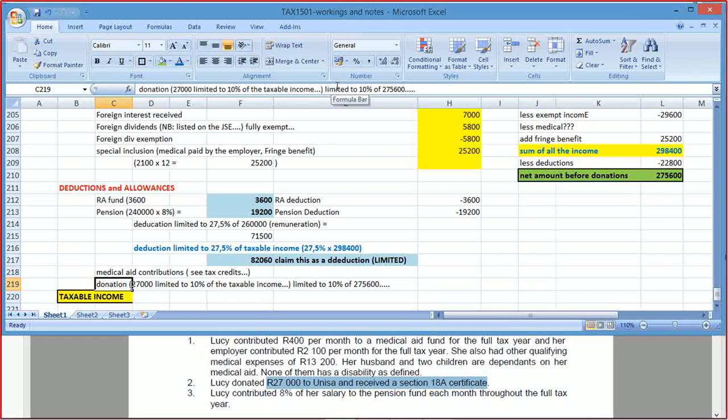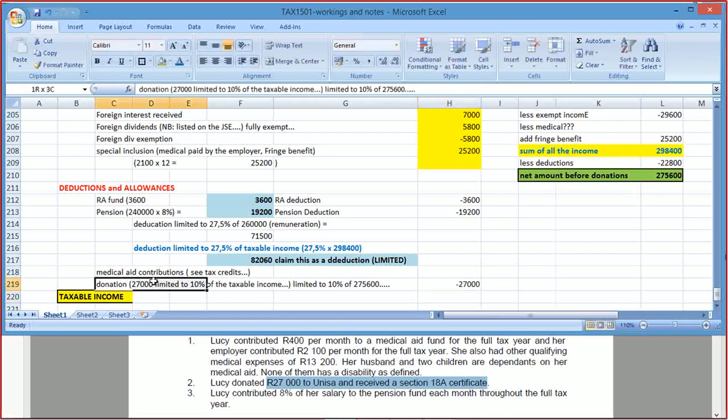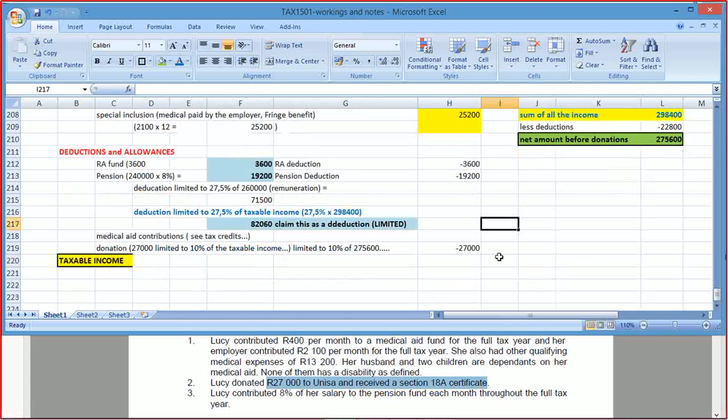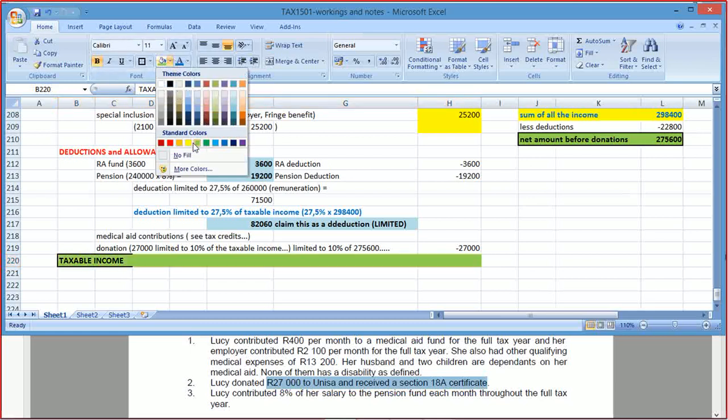Limited to 10% of 275,600. So can she claim the 27,000 that she donated? Yes, because it's less than the threshold. Does that make sense? Yeah. So you'd have the deduction here of minus 27,000 for her donation.